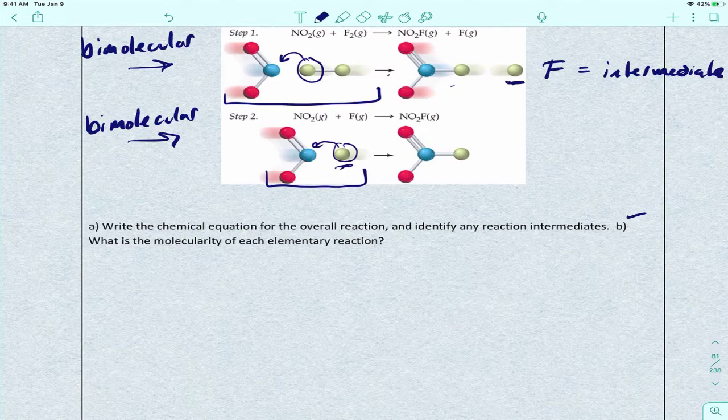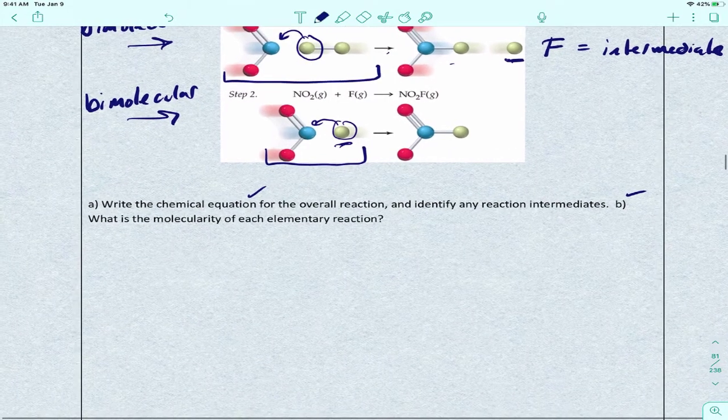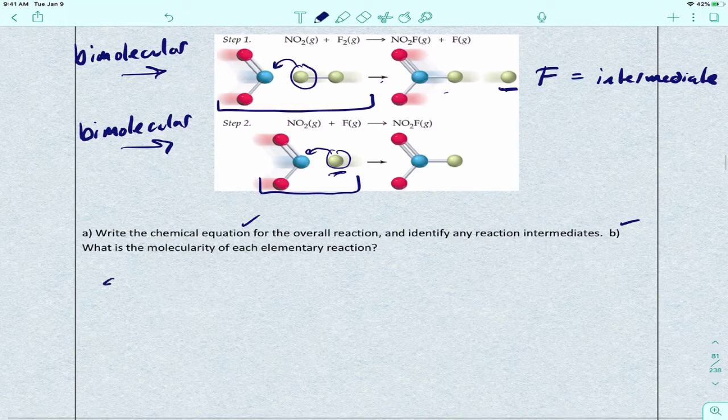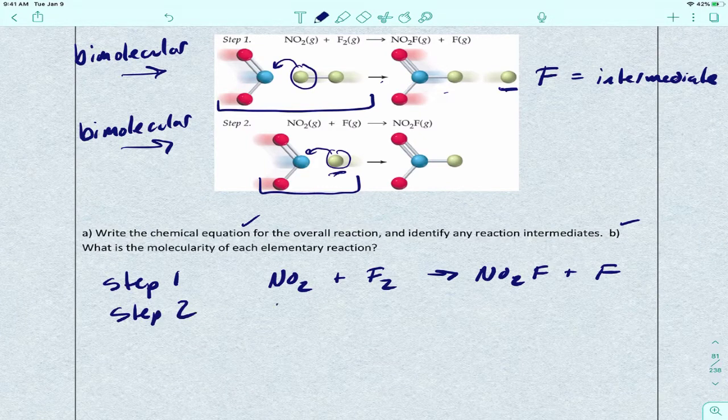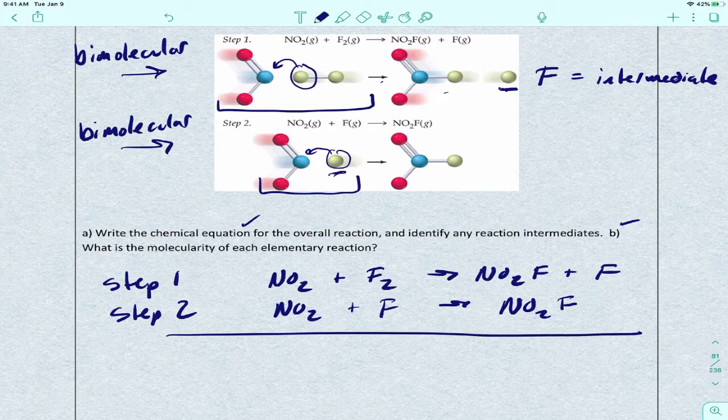So then finally, write the overall chemical equation for this overall reaction. Let's do that. So in step one, you had NO2 plus F2 yields NO2F plus F. In step two, you had NO2 plus F yields NO2F. Okay, so what we want to do is add these two together.